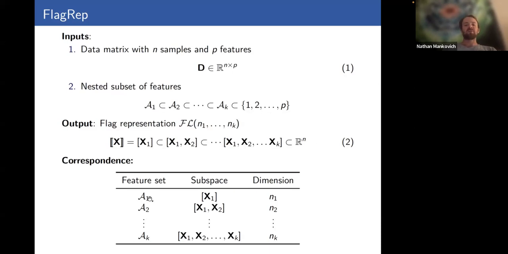So the correspondence would be like A1 would correspond to the first subspace, and you get a dimension out. A2 would be the second subspace, you get a different dimension, all the way up to AK. This is a cool problem where you're trying to get subspaces to represent this feature hierarchy. Just wanted to mention the problem. We have one algorithm which kind of works, but it'd be cool if there was something that worked better.